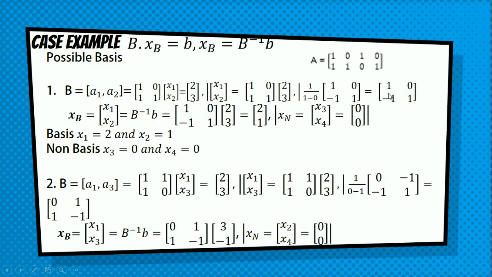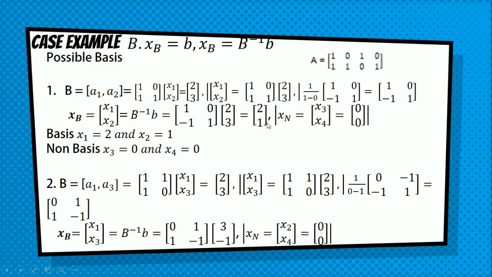The result, which is B inverse, transforms into the formula xb. So xb, which is x1 and x2, equals B inverse times b, where b is the constraint of the equation, which is 2 and 3.